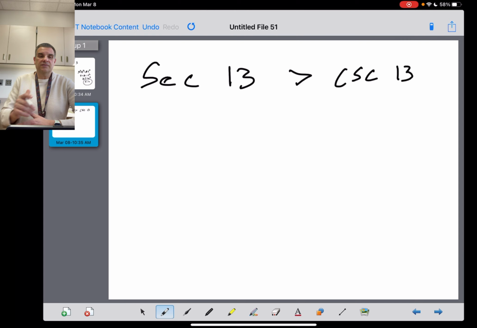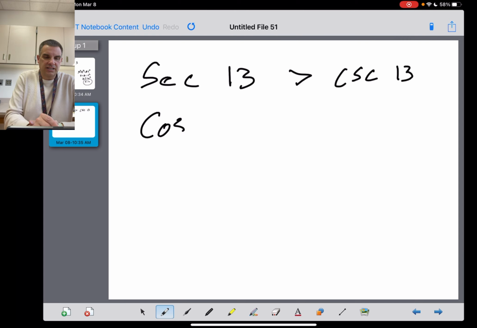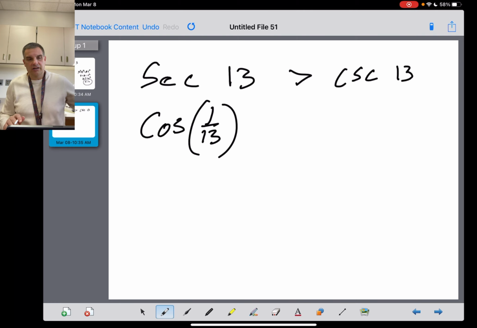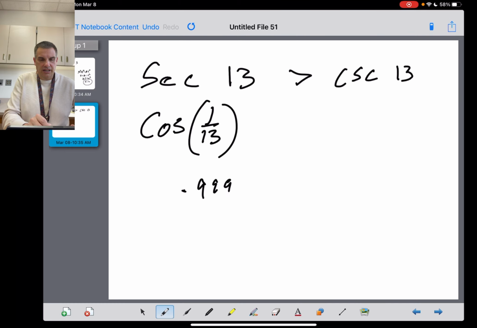So the secant of 13 is the same thing as the cosine of 1/13. So you can punch that into your calculator. Can't punch secant into your calculator, but you can type in its reciprocal. So if I go the cosine of 1 divided by 13, that gives me like 0.99999.